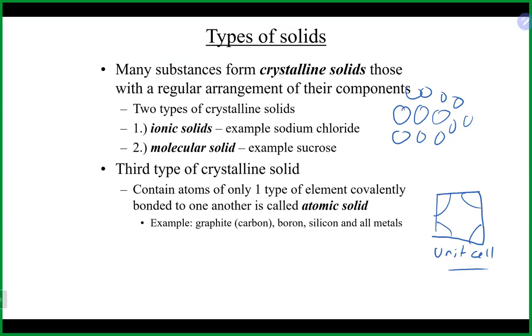A third type of crystalline solid is an atomic solid, which contains atoms of one type of element covalently bonded together, like graphite, boron, silicon, and all metals. Metals interact with each other through electrons vibrating around.